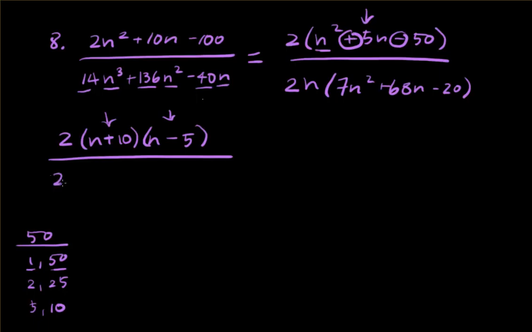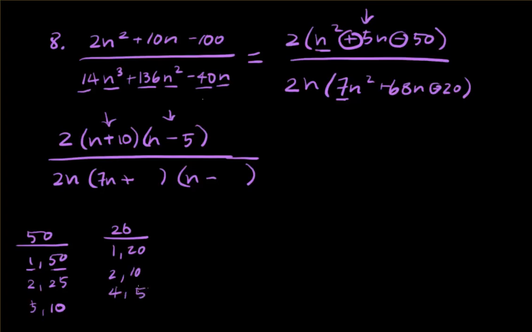Now let's look at this 2n, and let's try to factor the denominator. Now this negative right here tells me that we have one positive and one negative. What is the only factor of 7? So I'm going to put a 7n here and an n here. Let's go ahead and look at the factors of 20. 1 and 20, 2 and 10, 3, no, 4 and 5.